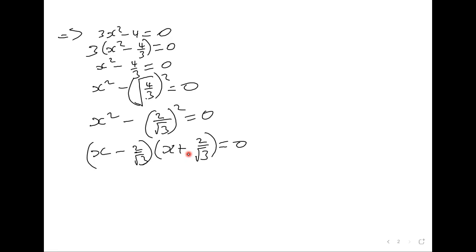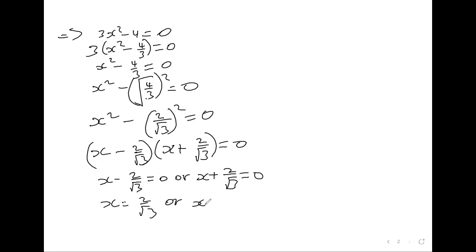So we have either x minus 2 over root 3 equals 0, or x plus 2 over root 3 equals 0. So that x is equal to positive 2 over root 3 or x equals negative 2 over root 3.